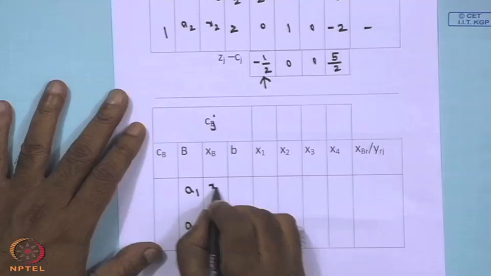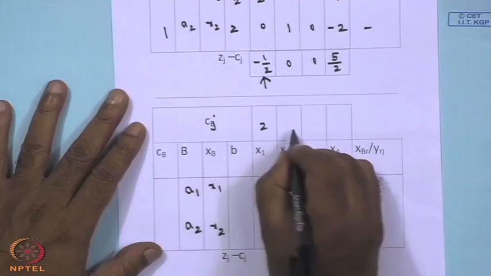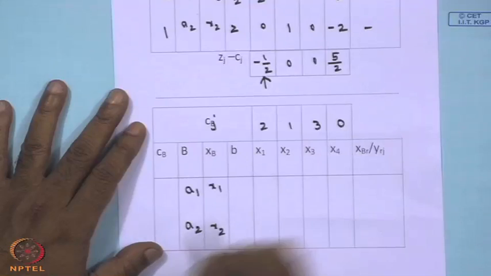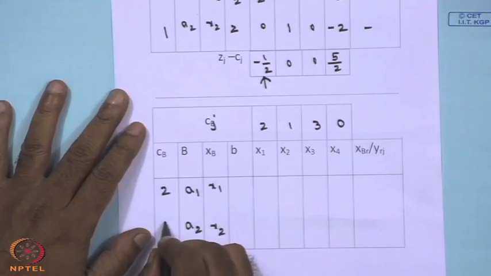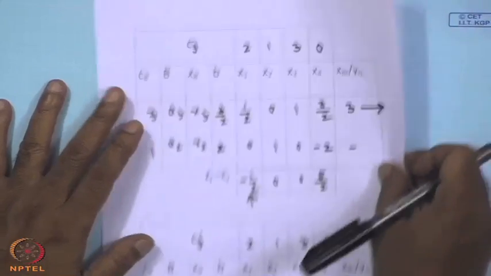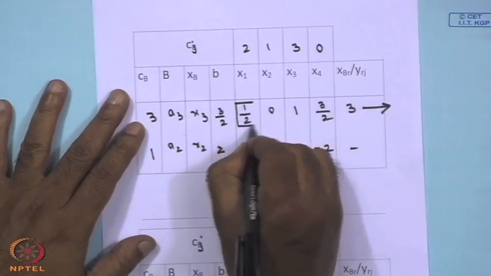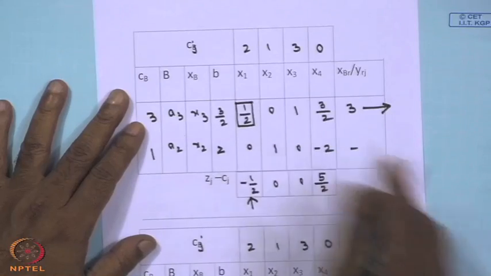So it is x 1, x 2, C j is 2, 1, 3 and 0, and C b will be 2, 1. In the same fashion, your pivot element in this case was half, so you have to make this one as 1, and this is already 0, so you do not have to do anything.